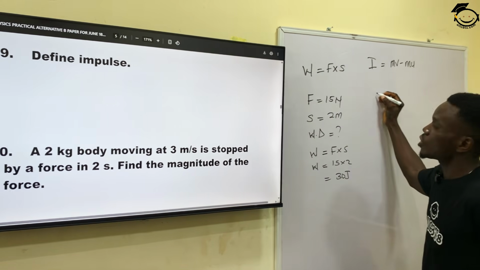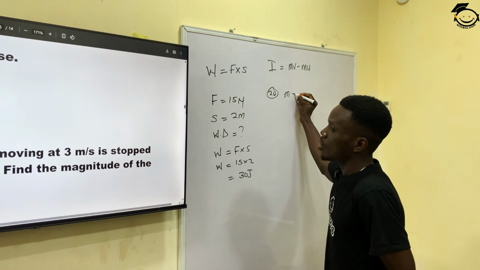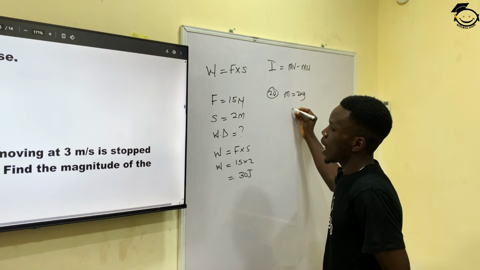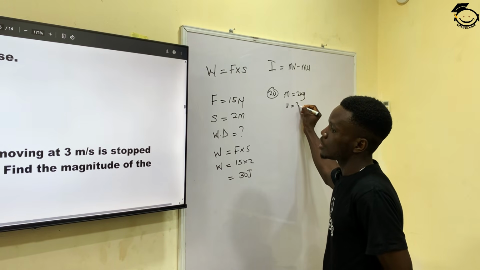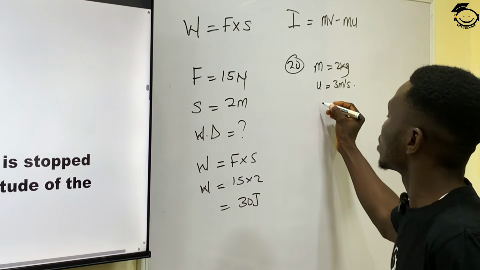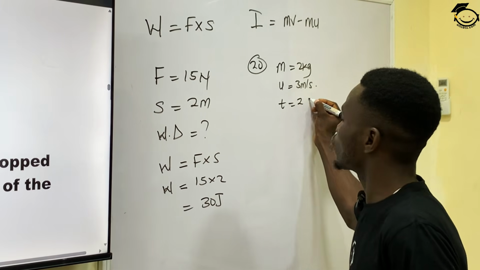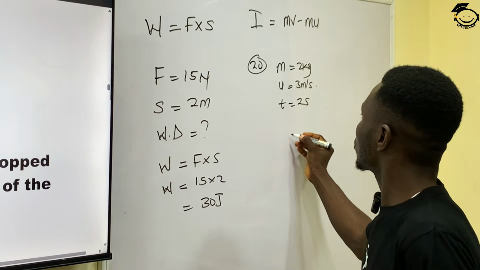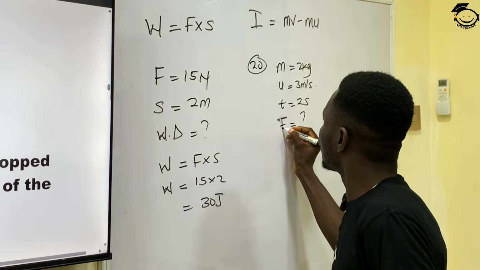So in question number 20, I have a mass of 2 kg and I have my velocity here as 3 meters per second, and then it said it is stopped by a force in 2 seconds. So my time here is 2 seconds. We have to find the magnitude of the force. So the force here is unknown.